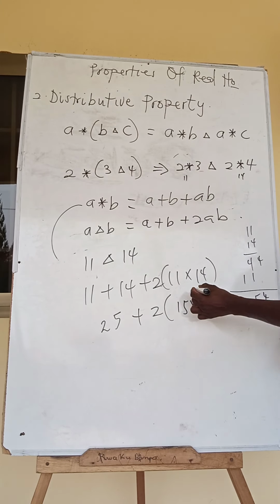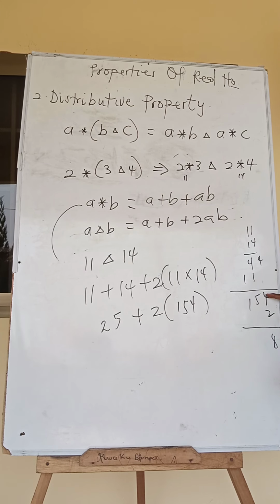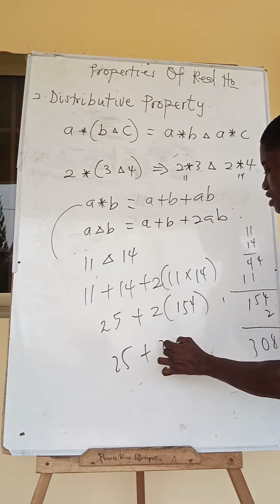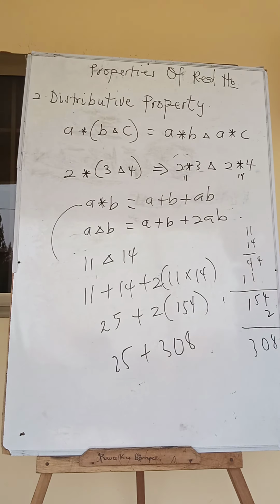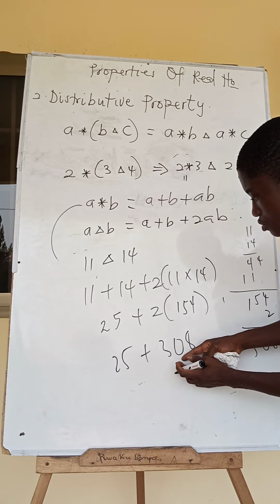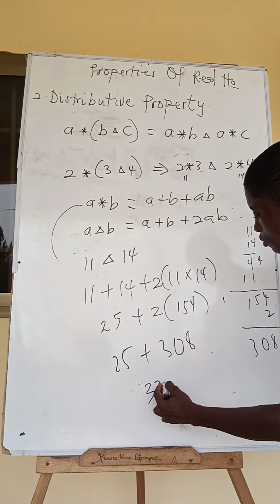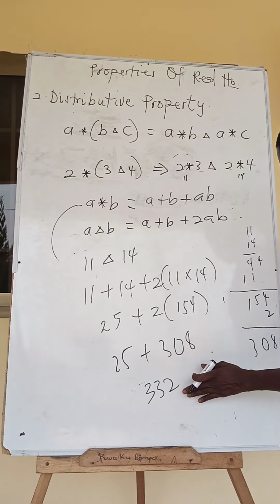154. Let's multiply 154 by 2 here. 2 4 8, 2 5 10, 2 so 3 0 8. So 25 plus 308, right?